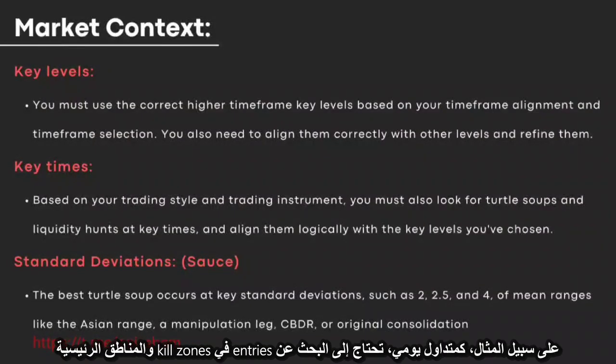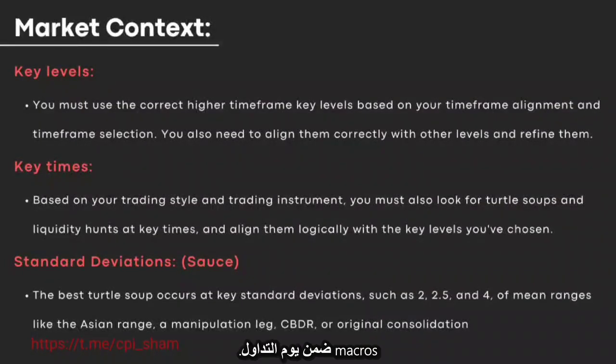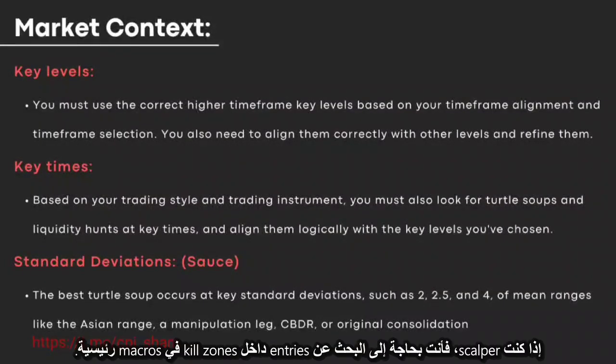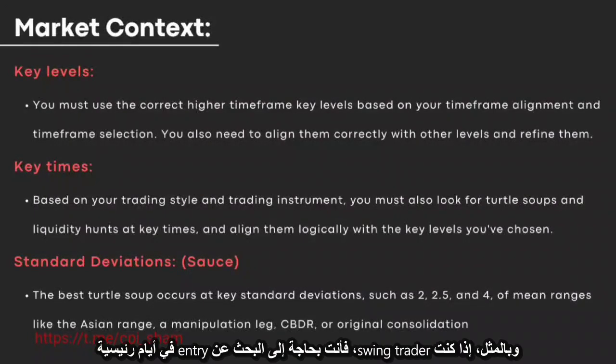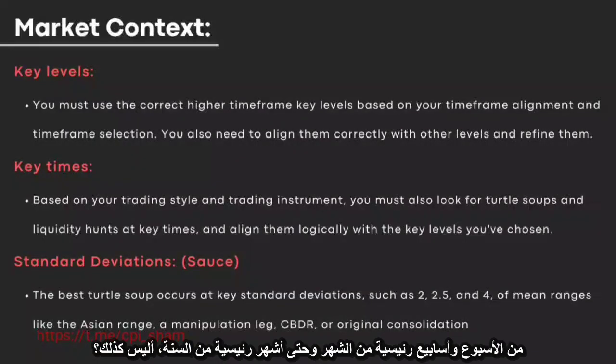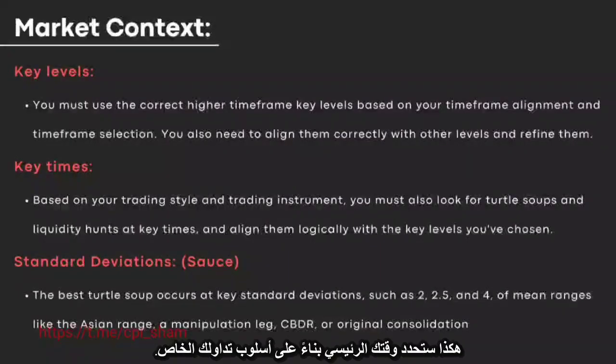For example, as an intraday trader, you need to look for entries in kill zones and key macros within the trading day. If you are a scalper, then you need to look for entries within kill zones at key macros. And similarly, if you are a swing trader, then you need to look for entries at key days of the week and key weeks of the month and even key months of the year, right? That's how you're going to determine your key time based on your own trading style.